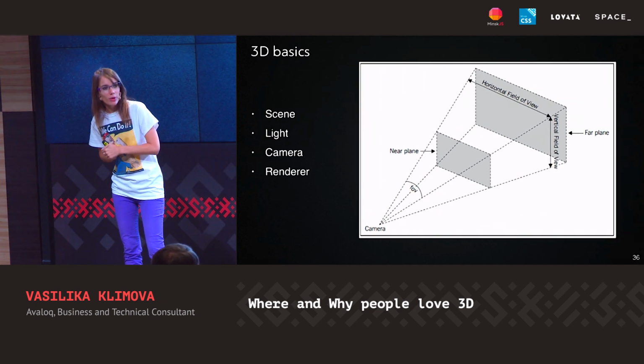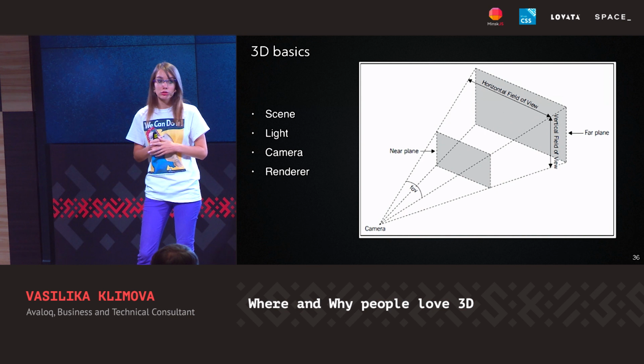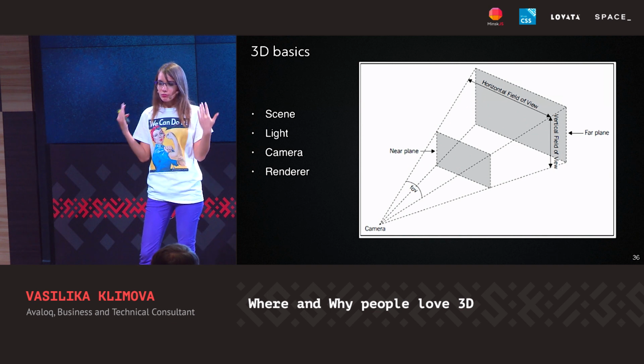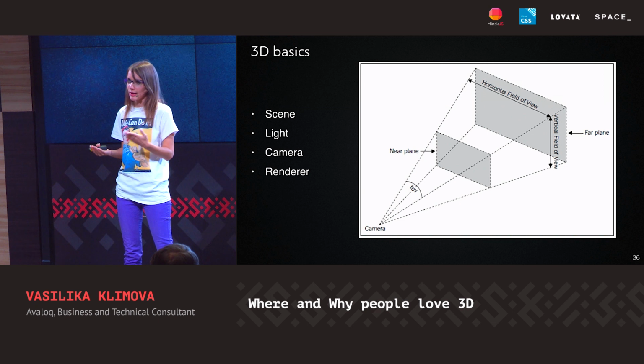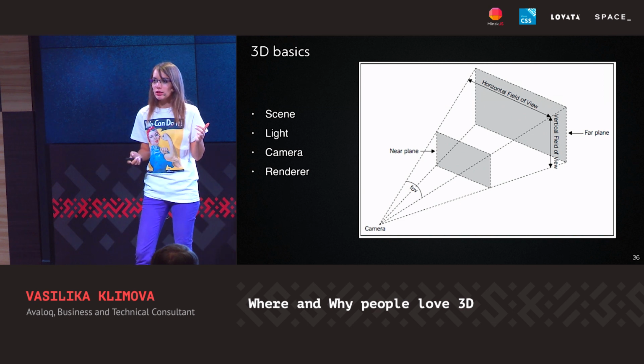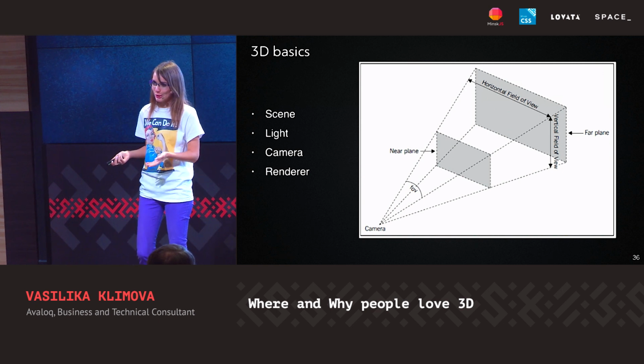Okay, about the Three.js library. In Three.js, and I think in a lot of other 3D libraries, you need to understand the basics. What we have on our web page, what you need to install there. First of all, you need to install a scene. Then you need to have light, because without light you can't see anything on your scene.